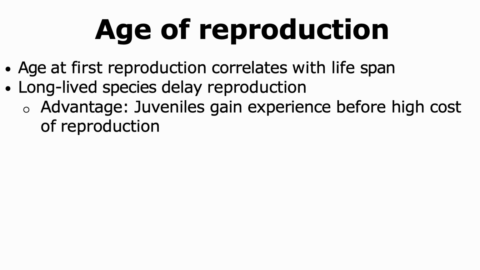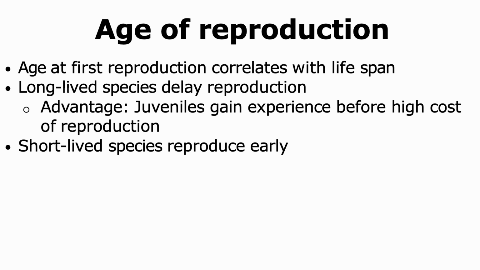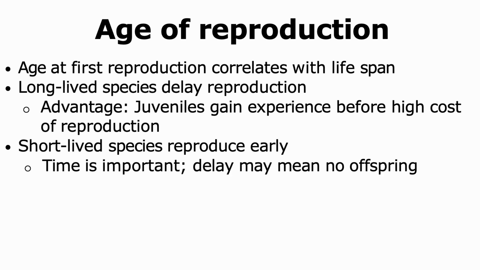On the other hand, if organisms are short-lived, then they reproduce very early in life. Because for them, time is very important, and by delaying reproduction, it may mean that they may never reproduce at all. Thus, the age of reproduction tends to correlate with the lifespan of organisms.